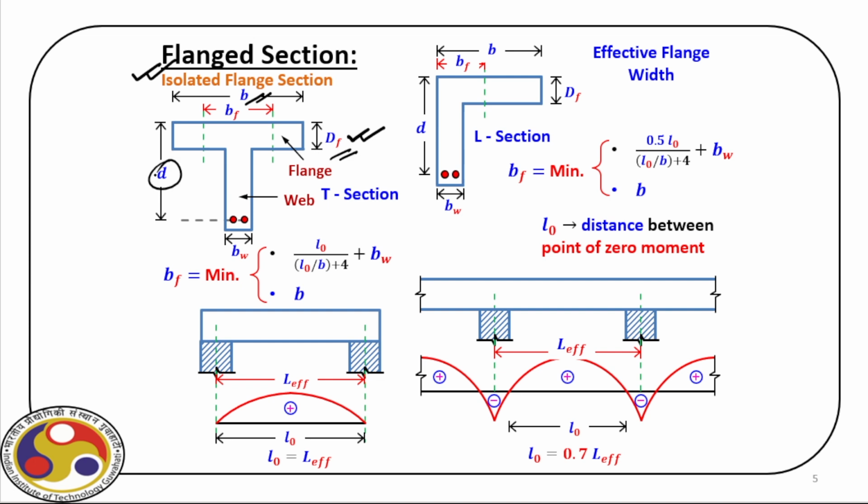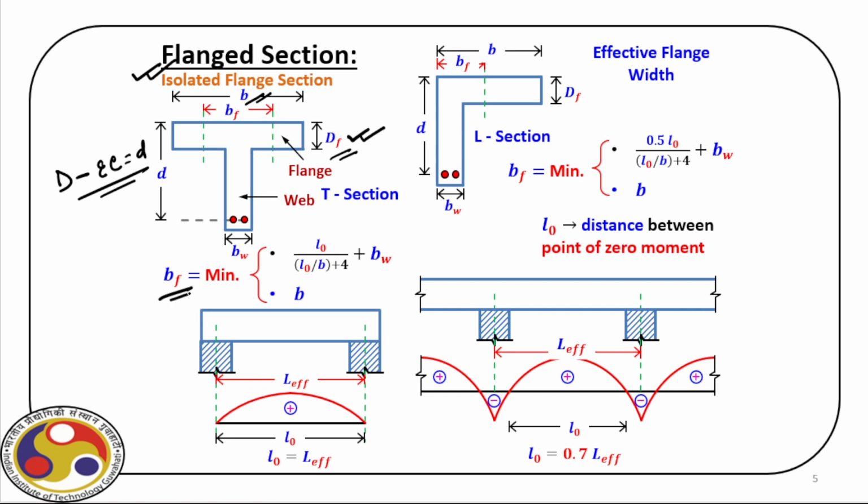Then small d is the effective depth. As you can recall from our previous discussion, it is the distance of the steel in the tensile zone from the extreme compressive fiber. So that is the definition of effective depth, that is the total depth minus the effective cover. Then for this section we also have bw, which is the width of the web.